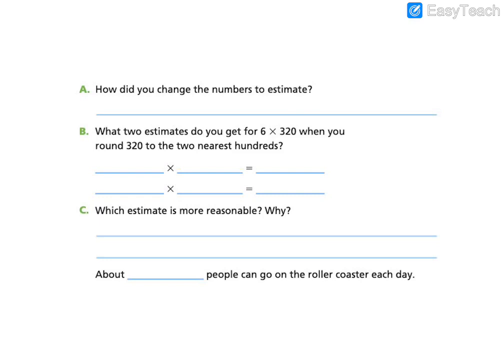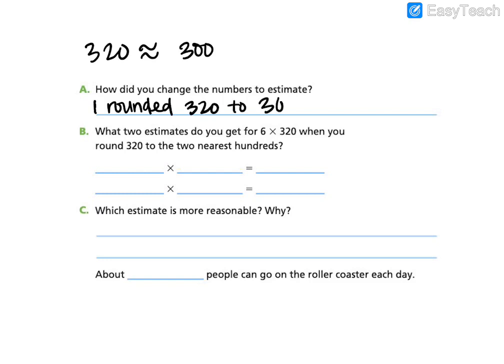How did you change the numbers to estimate? What did we do to go from 320 to 300? We know these are about equal. We used rounding, right? So we rounded 320 to 300.